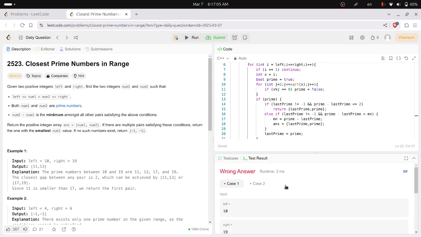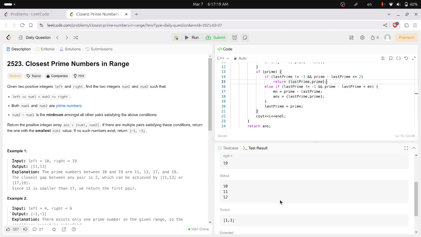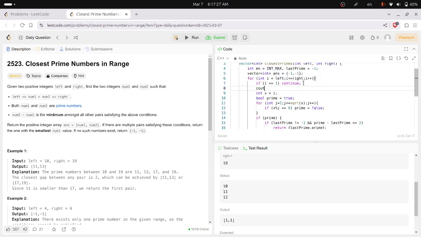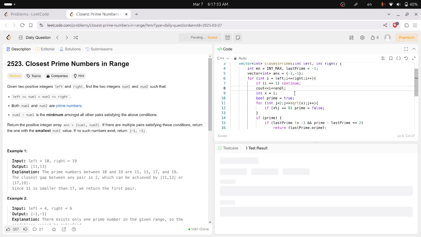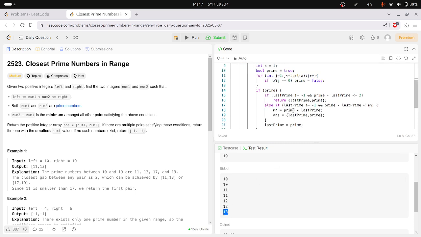I'm getting 10 11 12, and then I'm terminating it when I is equal to 13, probably. So let's do a print here. Yeah, 10 11 13. So I'm returning directly when it's 13, and for 13 I'm returning last prime comma prime.